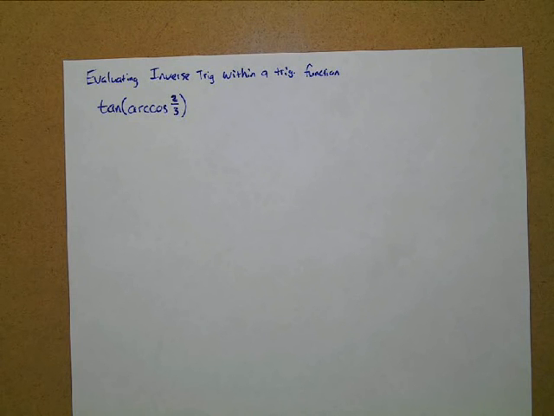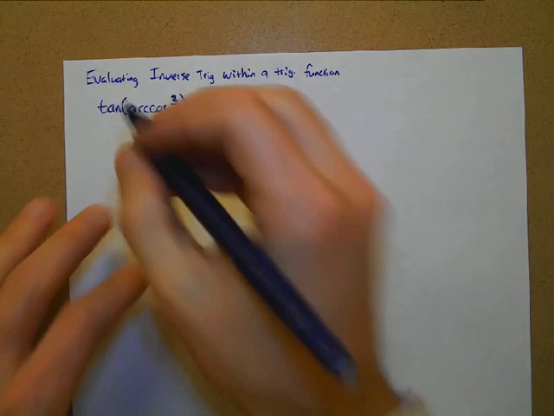Well, here's what we can do. Tangent of something. This something needs to be some angle, right? That makes sense because with arc cosine, we're taking a ratio and going backwards, so the output of arc cosine should be some angle. So let's just call it some angle theta.